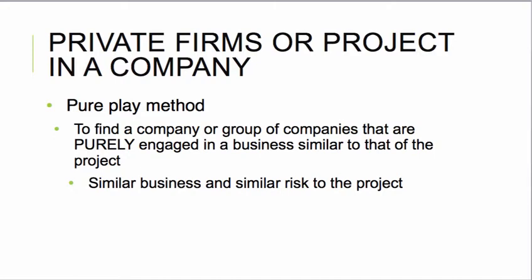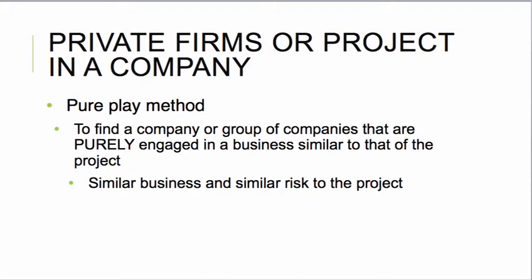Because a specific project is not represented by a publicly traded security, we typically can't estimate a project's beta directly, but we can adjust for differences between a specific project's beta and the equity beta of a publicly traded firm that is engaged in a business similar and the risk similar to the project under consideration.